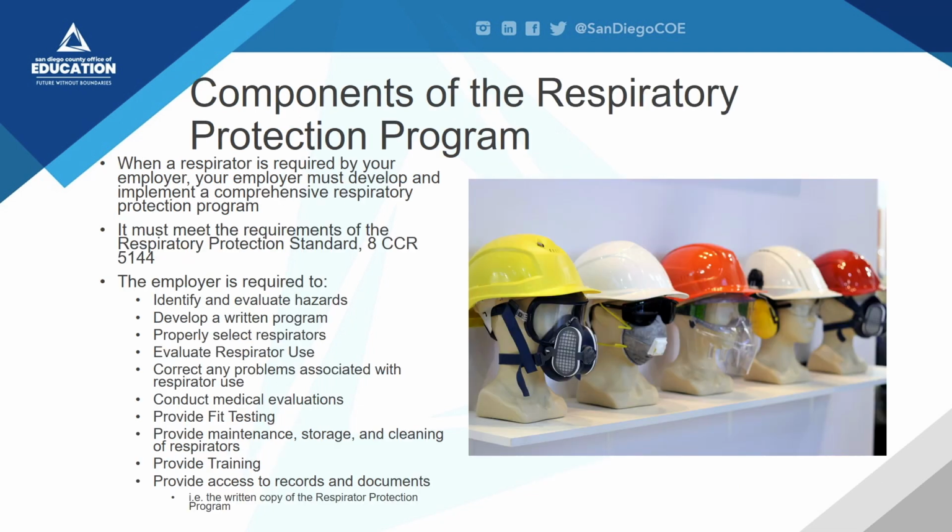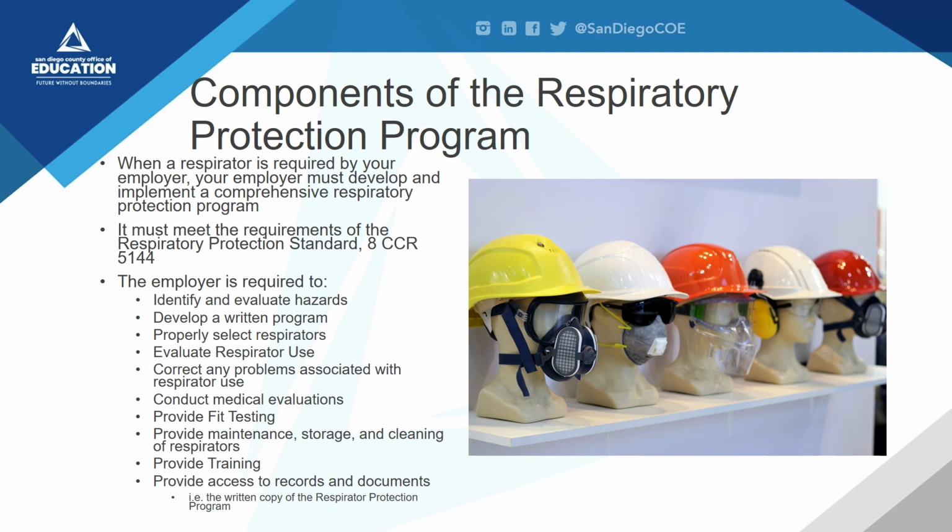Components of the Respiratory Protection Program. When a respirator is required, your employer must develop and implement a comprehensive respiratory protection program. It must meet the requirements of the Respiratory Protection Standard, 8 CCR 5144.